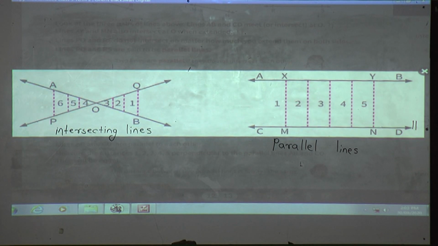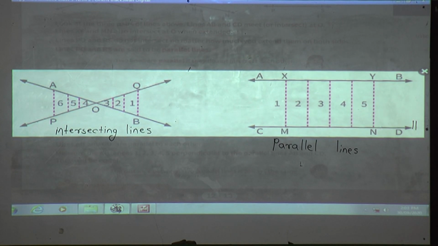So students, today we have completed our types of lines. In the next period we will see how to identify parallel lines, perpendicular lines and intersecting lines.